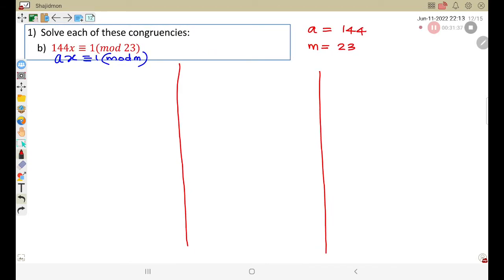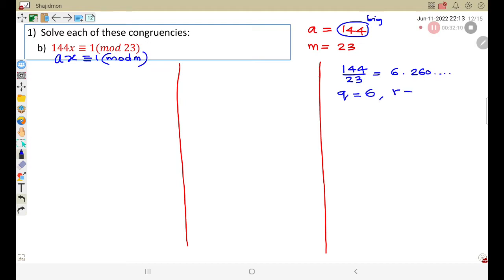So we will start the calculation now. First we are checking the GCD of the number a and the number m. We need to divide 144 by 23, bigger number divided by smaller number. From the calculator you will get 6.260, like this. So what is the quotient? 6.